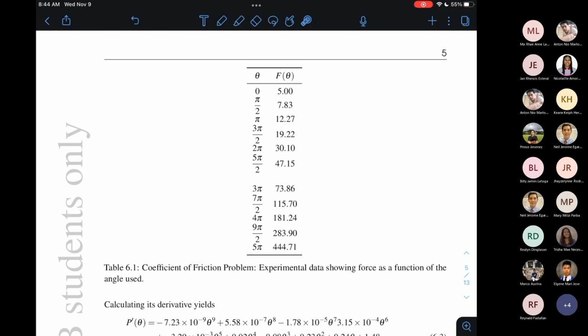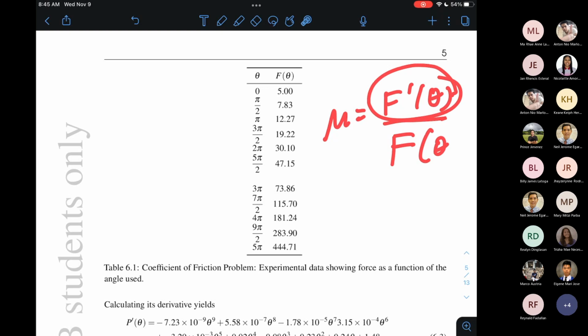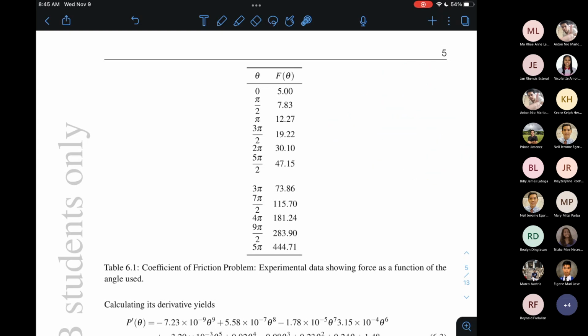When the angle between the rope and the pole is pi over 2, I needed 7.83 newtons, and so on. So you get this table of values, and since you want to get the derivative, gusto nating mahanap yung derivative para ma-compute natin si mu, which is f prime of theta all over f, but we need f prime. And actually, kailangan ko rin si f. And I don't have those functions because what I have instead is a discrete set of experimental data.